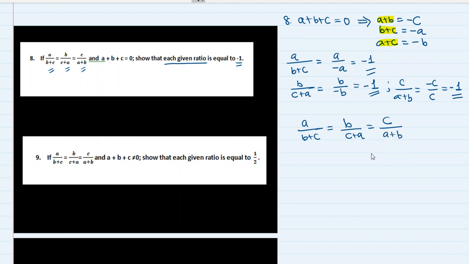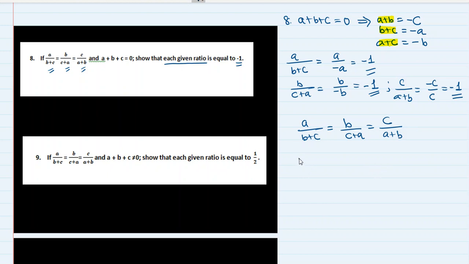Okay. Now there is one property of ratios, that if two or more given ratios are equal to each other, the ratio of the sum of their antecedents and the sum of their consequents is also equal to the original ratio.